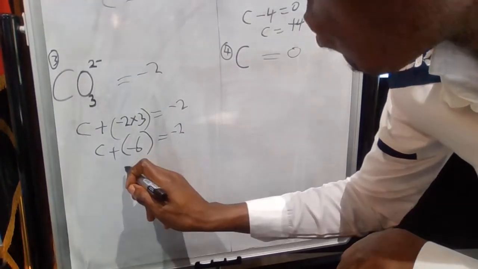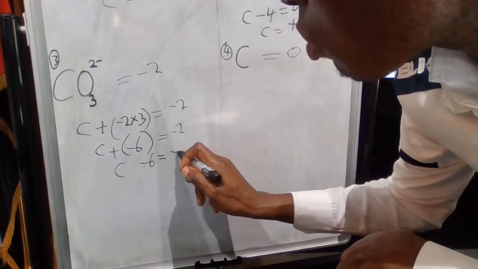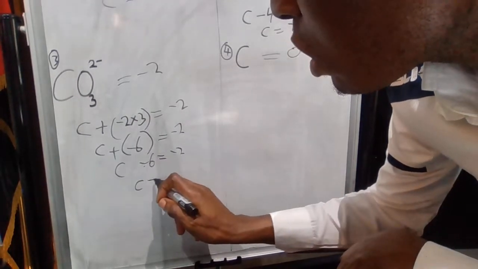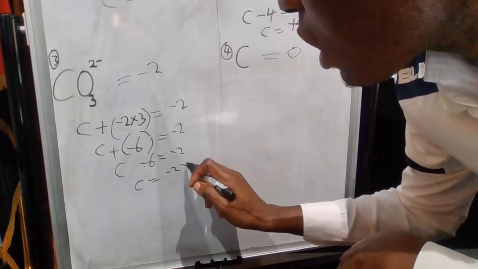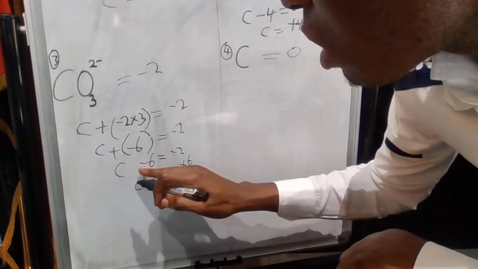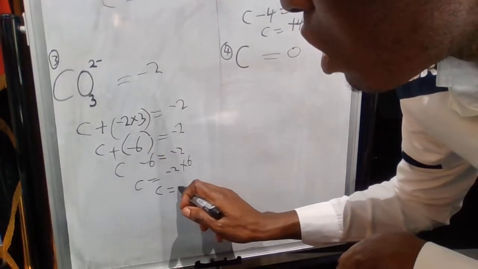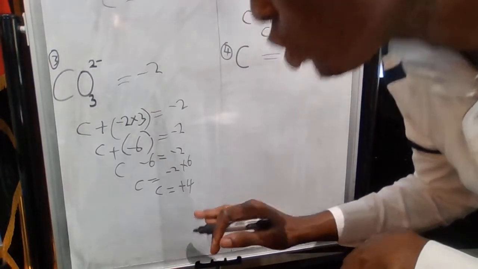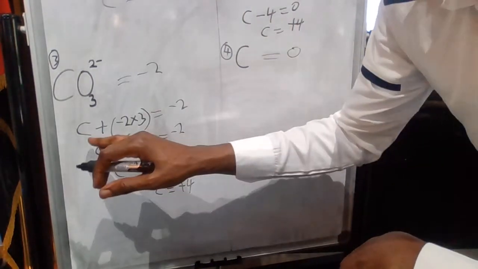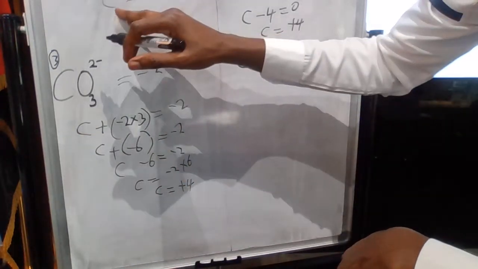So from what we have here, we now have C -6, if you open the bracket, equals -2. C equals -2. The -6 will cross to this side and become +6. So we now have +4. This is just an equation. So the oxidation number of carbon here is +4. The oxidation number of carbon here is +2.